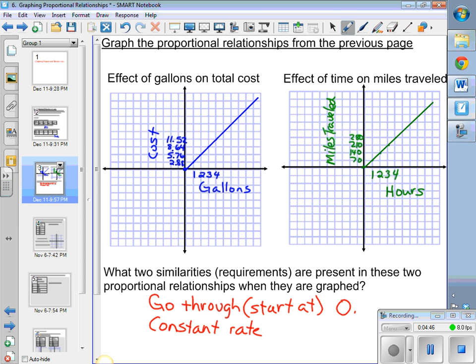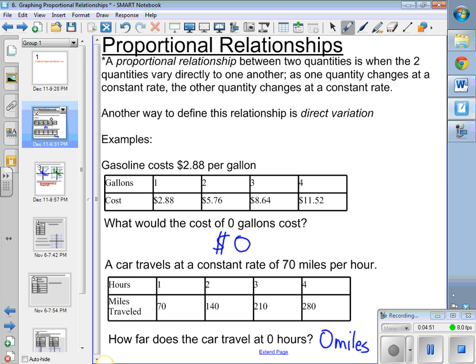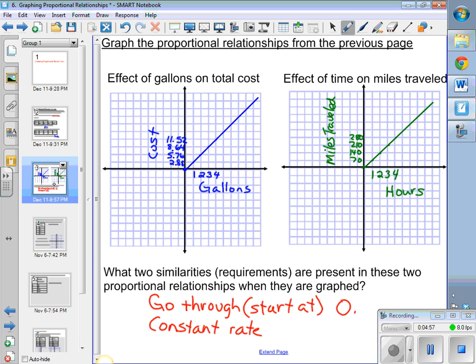And the term we used on this page was direct variation. Constant rate of change, direct variation.